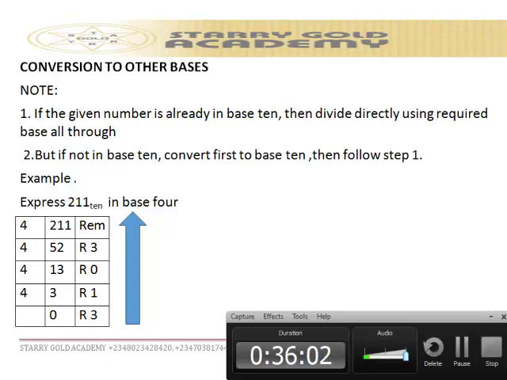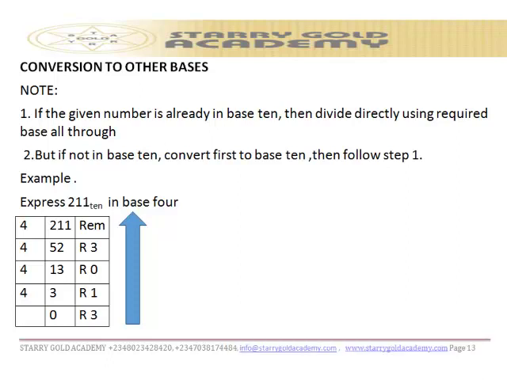But now we're talking about converting to other bases. Now take note of this. If you are being asked to convert to another base, and the number you are given is already in base 10, then divide directly throughout with the required base. For example, if you are asked to convert to base 5, you are going to divide through with 5. No matter what the number is, you divide all through with 5.